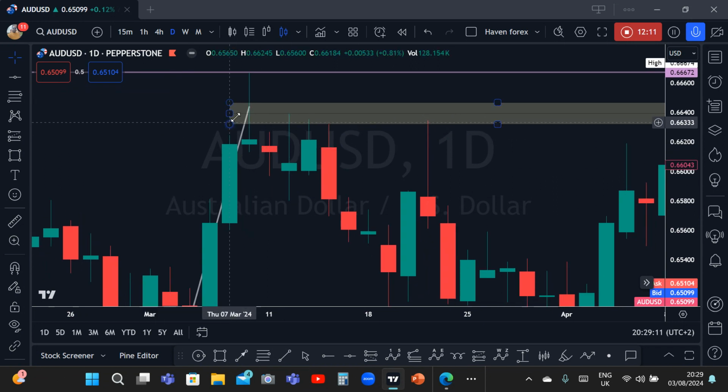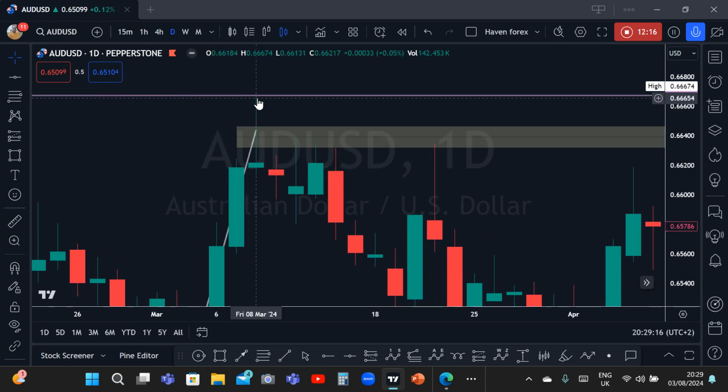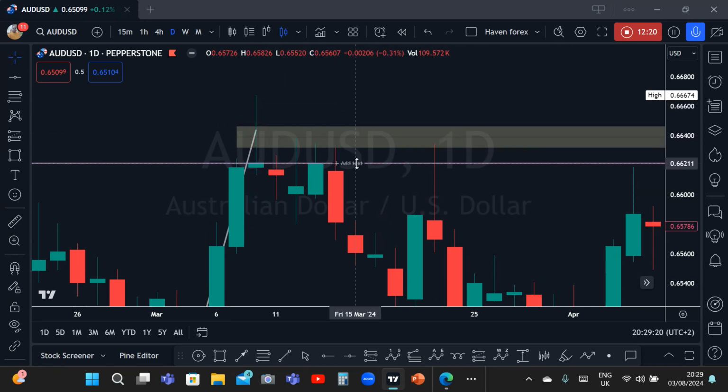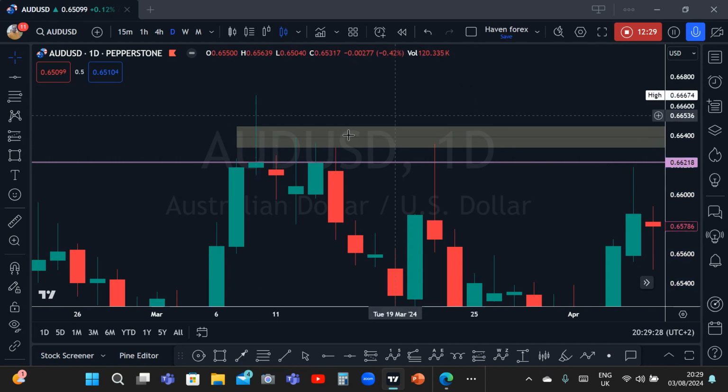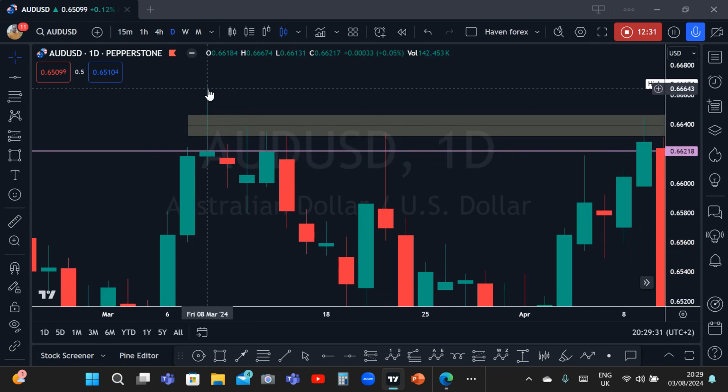So they are now ready to play. So what did they now do? They rejected the price from here up to this level. All right, they rejected it up to this level. Now, this is what we call a pin bar. Very clear. You can see a very long tail facing up.